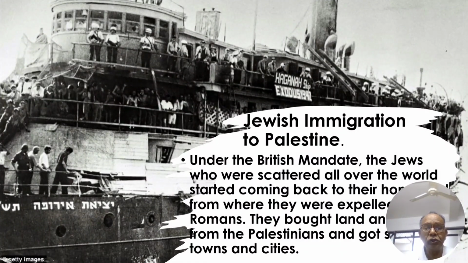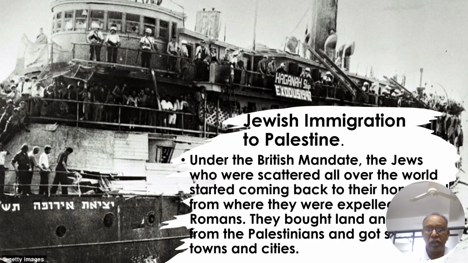Jewish immigration to Palestine. Under the British Mandate, that is from 1920 onwards, the Jews who were scattered all over the world started coming back to their homeland, from where they were expelled by the Romans.